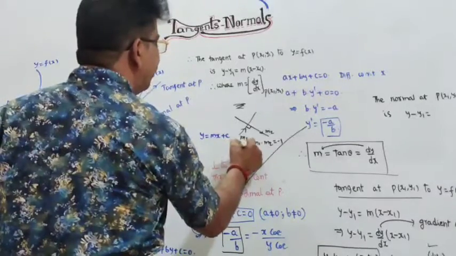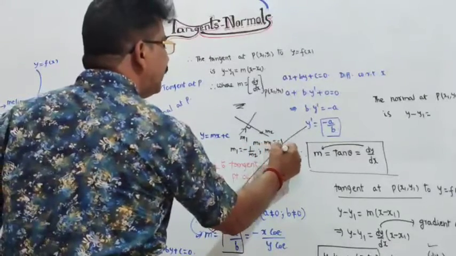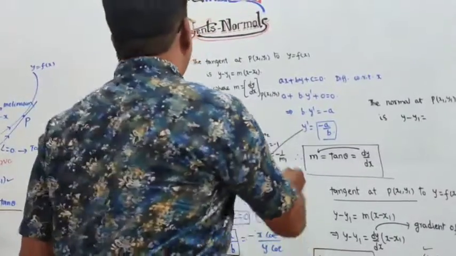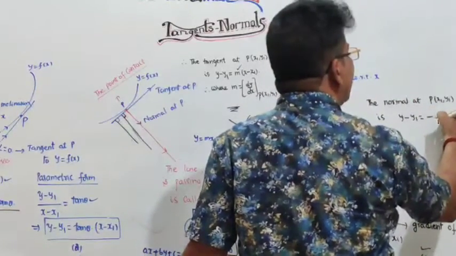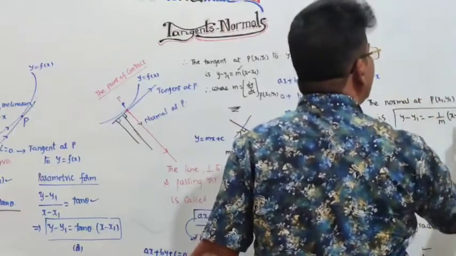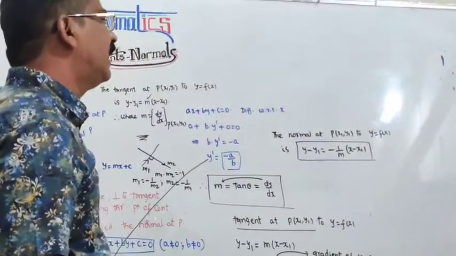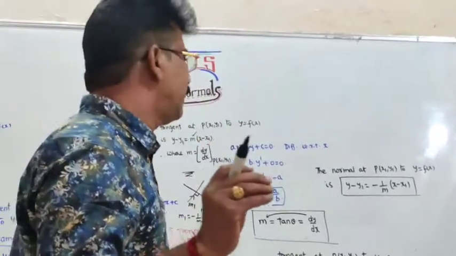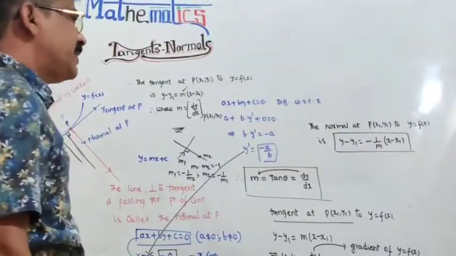Then m1 equals minus 1 by m2, or m2 equals minus 1 by m1. In the same sense, instead of m we write minus 1 by m, that is, y minus y1 equals minus 1 by m into x minus x1. This is called the equation of the normal at capital P of x1 y1 to the curve y is equal to f of x. Mostly we have simple formulae. It is called the tangent equation formula. This is called the normal equation formula.